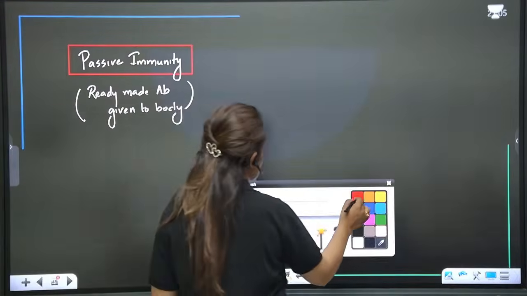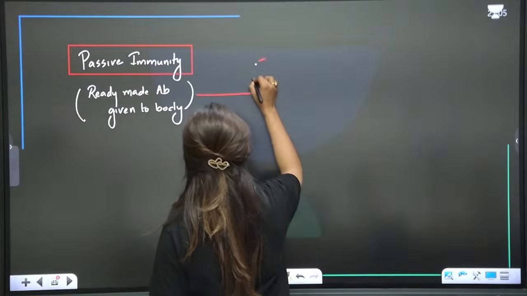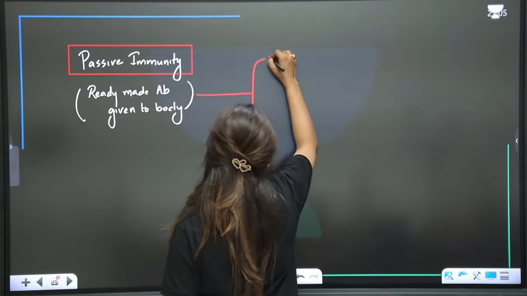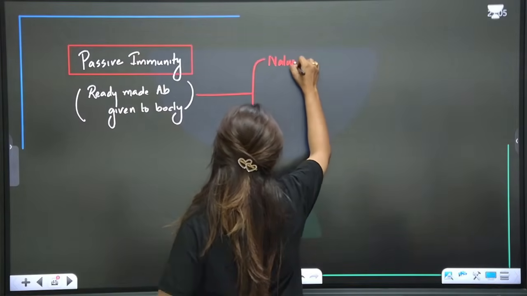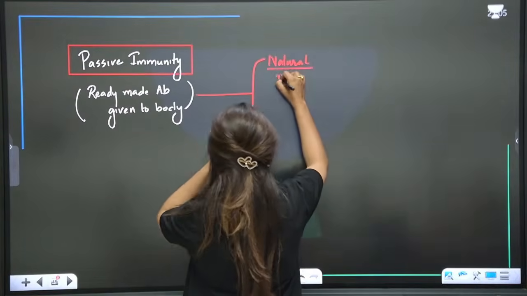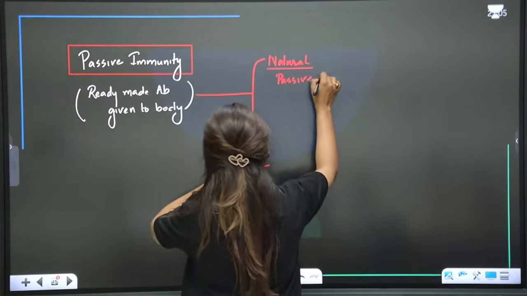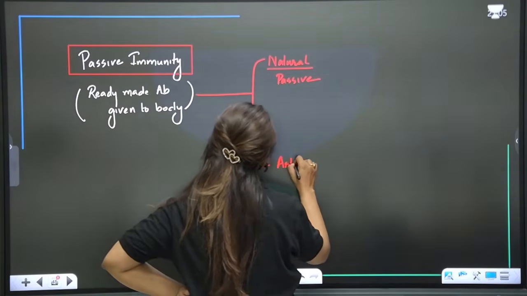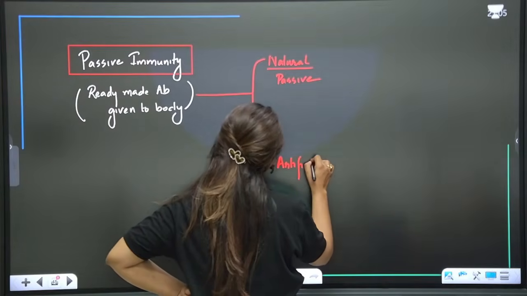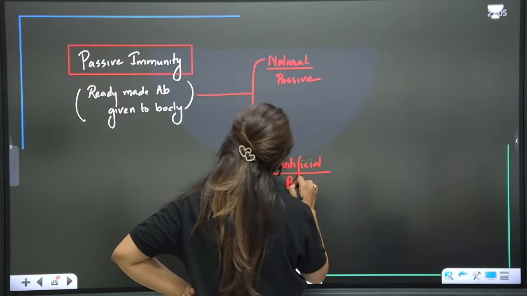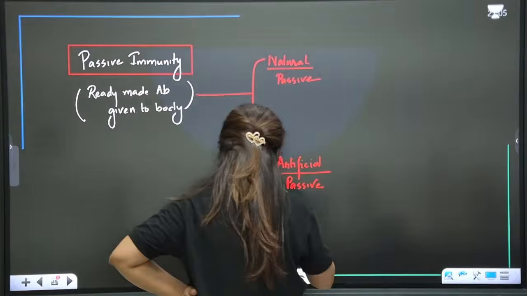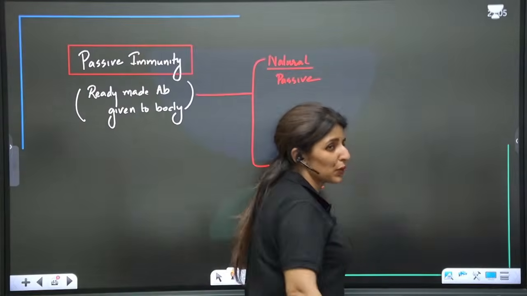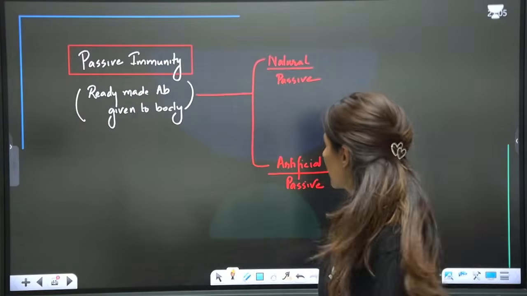Now, again, these are also of two types. So we have natural passive and we have artificial passive. Now, on what basis do we call this one natural or artificial?